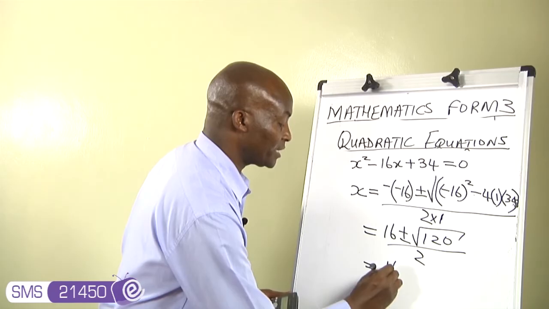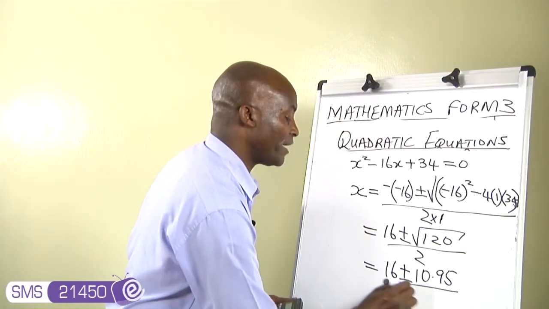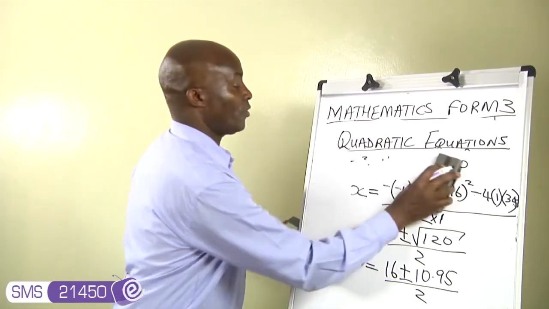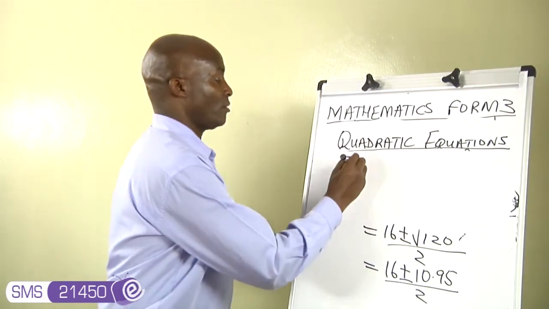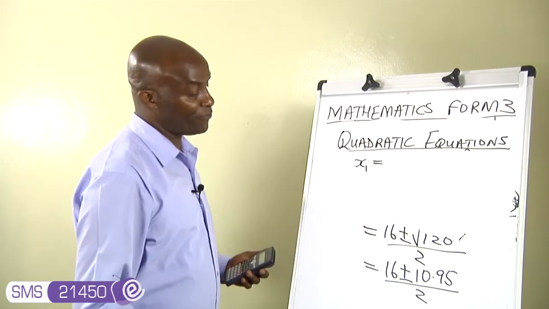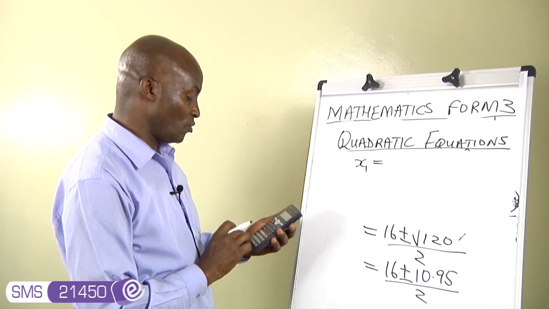So this will be 16 plus or minus 10.95 divided by 2. Therefore, one of the solutions, x1, will be equal to 16 plus 10.95, that is 26.95, divided by 2.